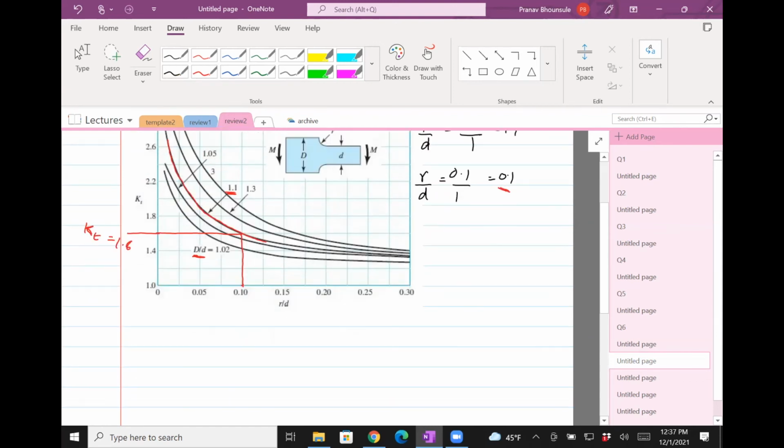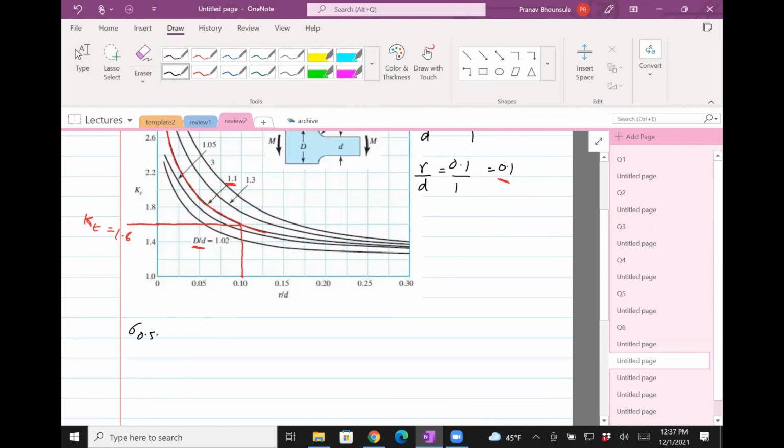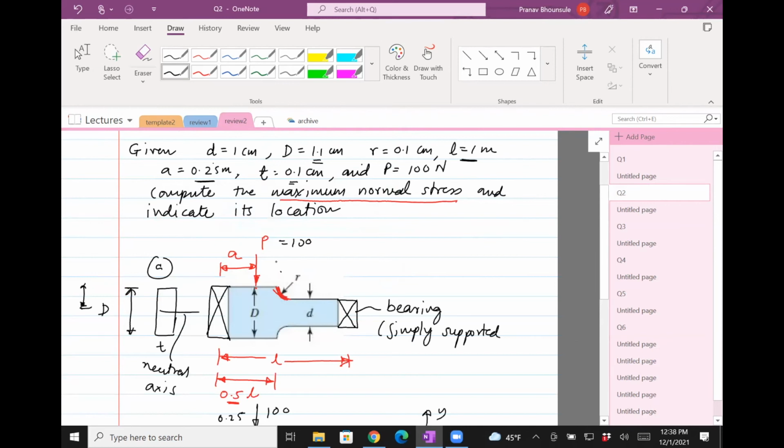Okay, so with that, let's compute the stress at 0.5 L. It's going to be M Y divided by I. And now let's look at the geometry there. Now we're finding the stress here.